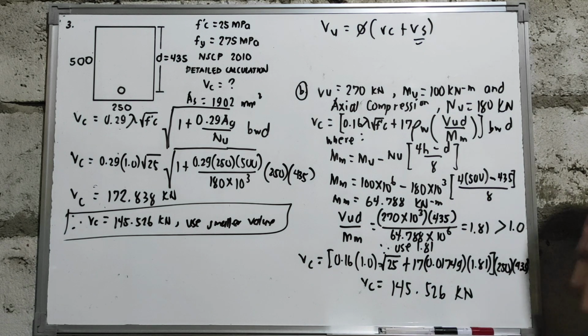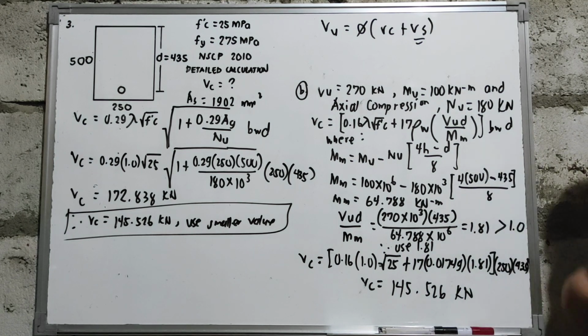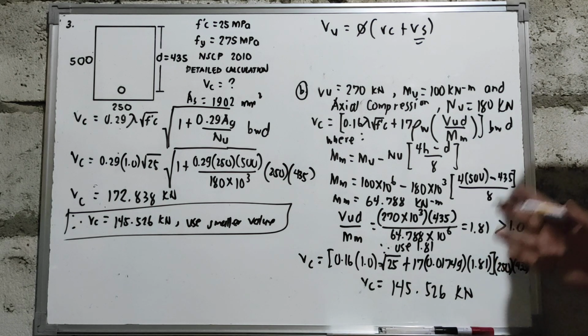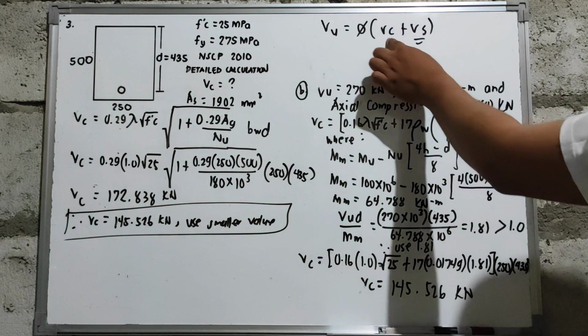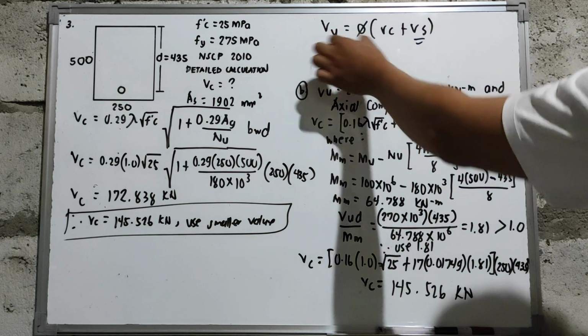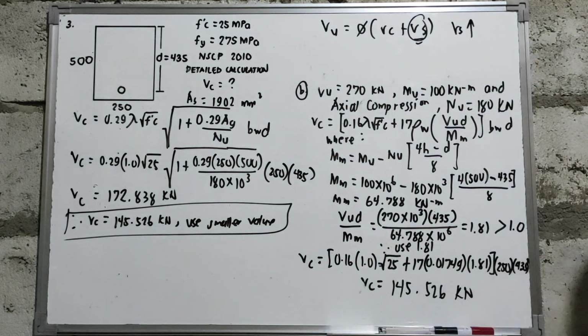Kasi kapag mataas yung value ng V sub S natin, mas lalong bababa yung value ng spacing ng stirrups natin. So, kapag mababa yung value ng spacing natin, mas malakas yung konkreto natin or mas malakas yung beam natin in resisting shear sa beam. Okay. Kasi kung mapapansin natin, kung maliit yung value na to, para mabalance natin yung equation, kailangan tumaas yung value ni VS natin.